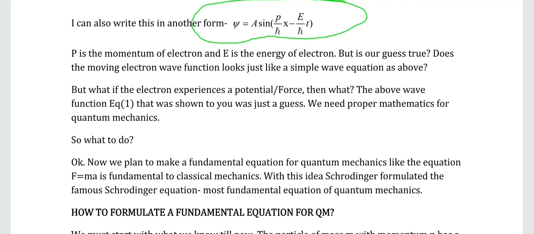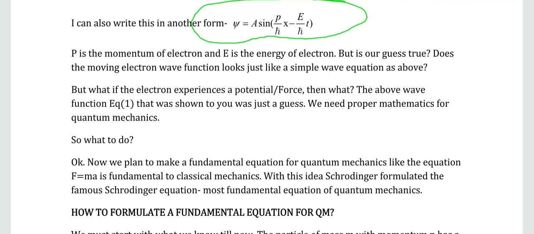The student says, okay, let us assume that this equation is correct and move forward. So the teacher says, we had a particle moving at a momentum p, and we knew from quantum mechanics that this particle has a wave nature related to it, and then we guessed a wave function that will define the wave nature of the electron.